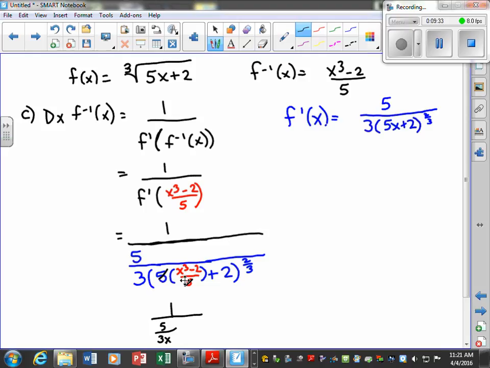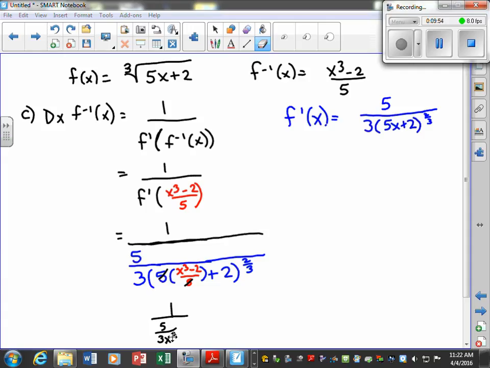What is x cubed to the 2/3 power? Off to the side, x cubed raised to the 2/3 power would be a power to a power, so multiply: 2 times 3 is 6, divided by 3 would just be x squared, so we would have this.